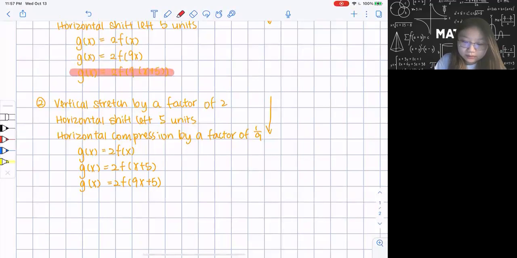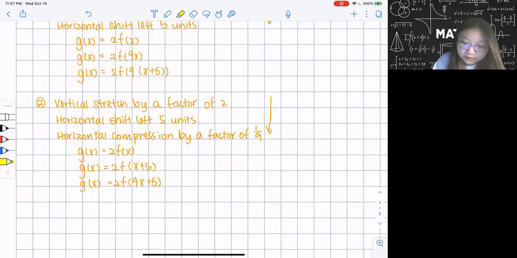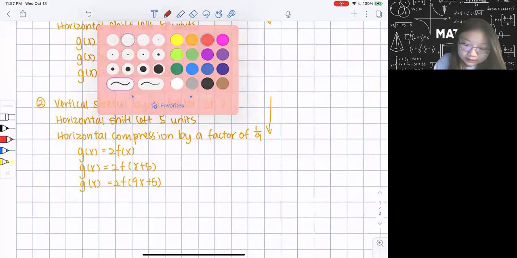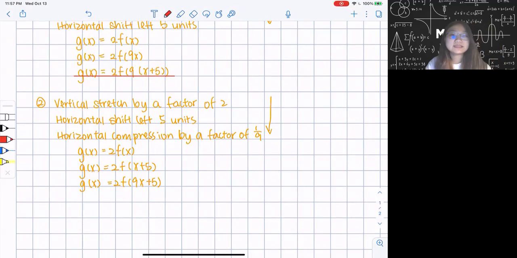Okay, I think I'm just gonna underline it. Over here, g of x equal to 2f of 9 parentheses x plus 5. Why I'm putting this parenthesis here is because I'm putting this 5 very close to my x, so next to my x. I'm not gonna do 9x plus 5, I'm only putting this 5 next to my x.